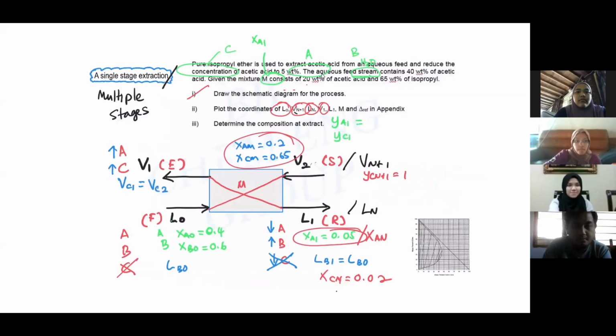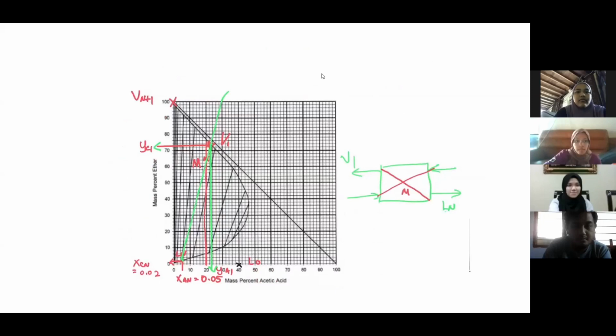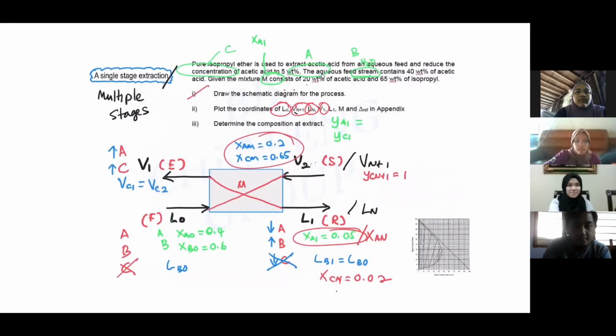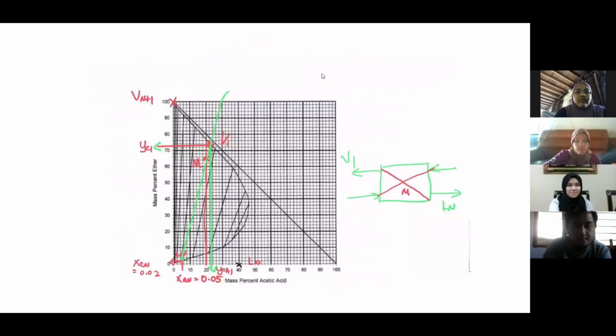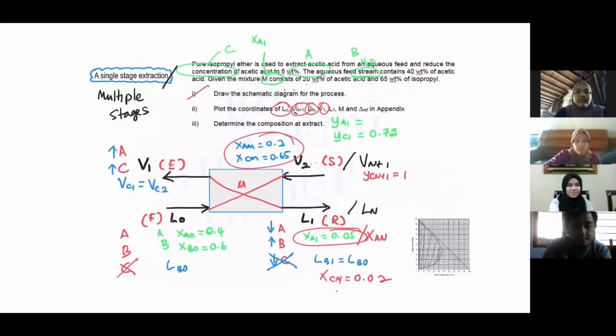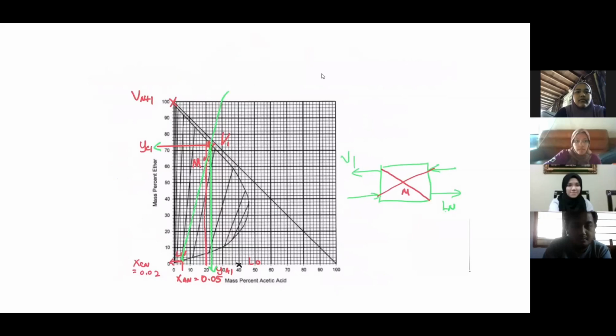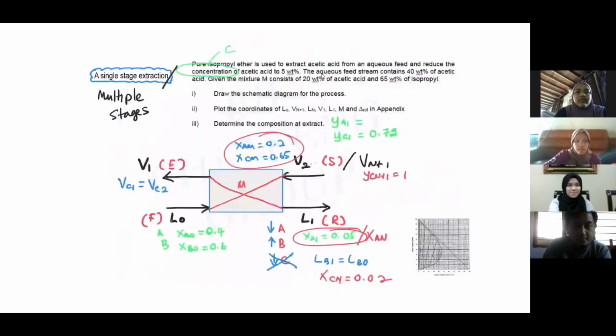In my case, based on my calculation here, it should be 72.5. 72.5 for C. 0.75, 72, wait. 725. 725. Okay, my YA1, looking at the one below, is roughly 22.5. 22.5.